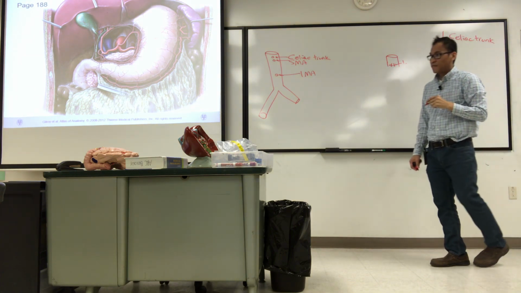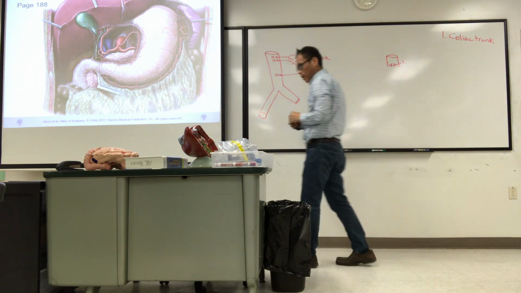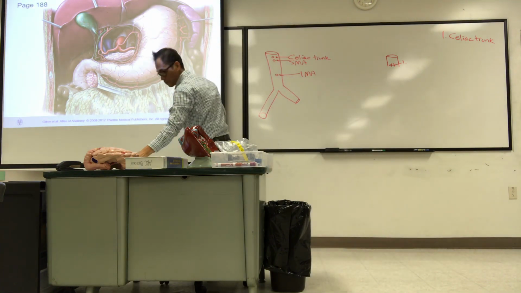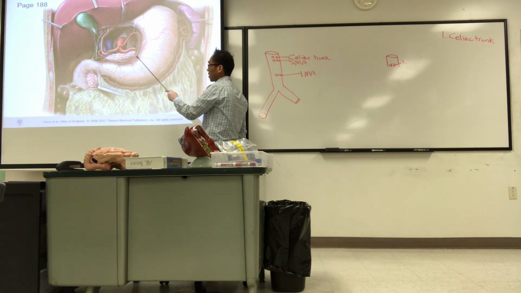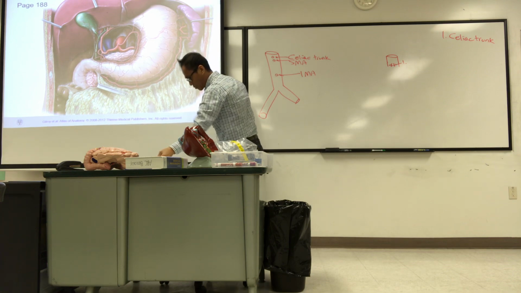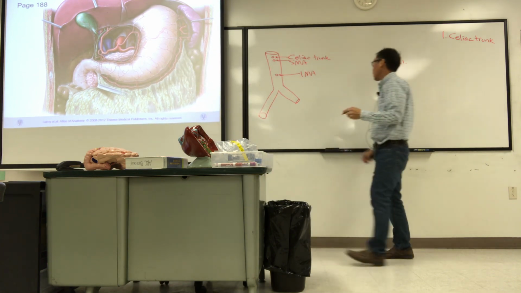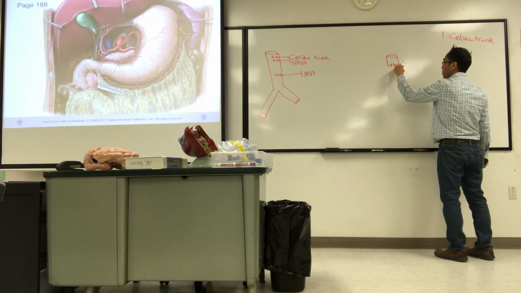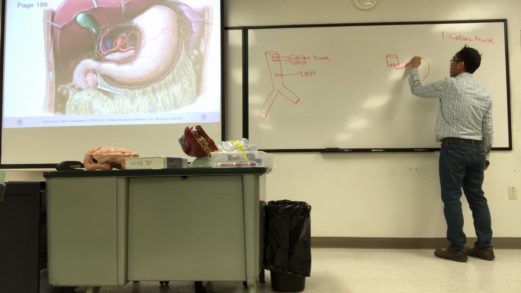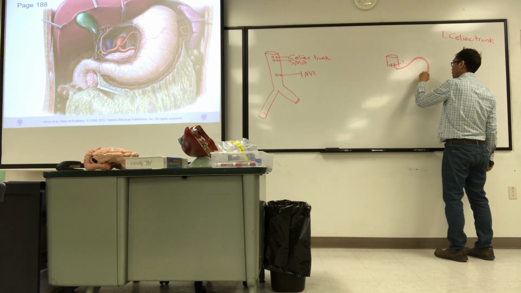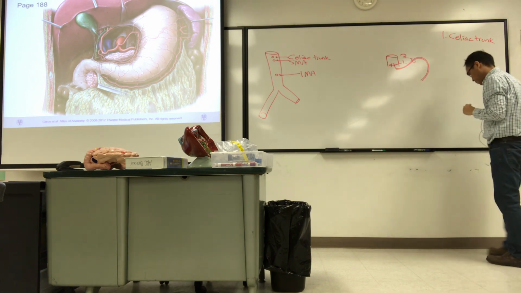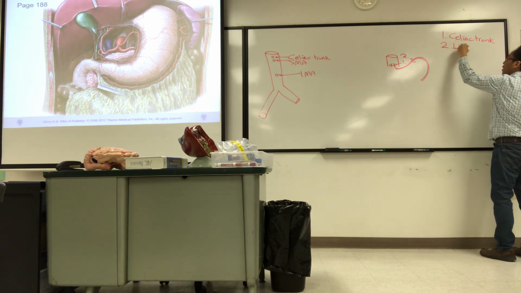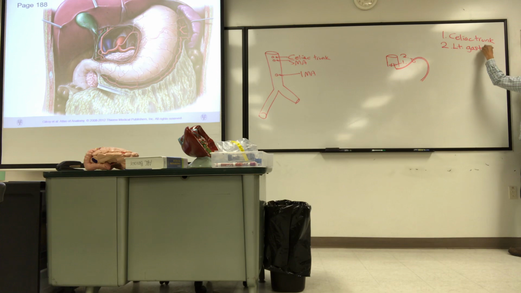The first branch it gives off goes up and to the left, and it's going to follow the lesser curvature of the stomach. It's called the left gastric artery. Number 2, left gastric artery.